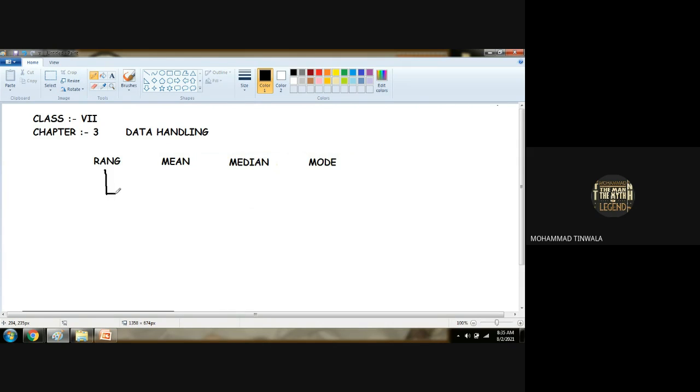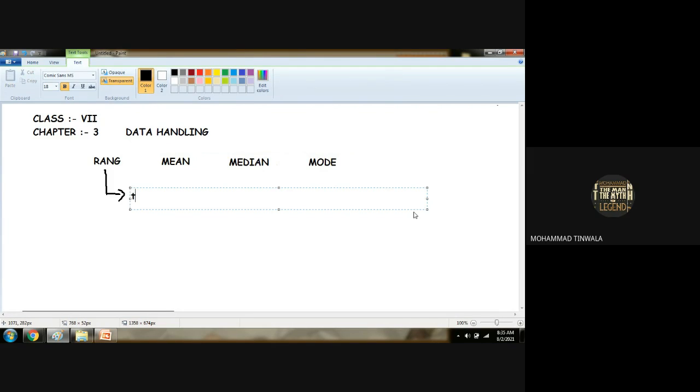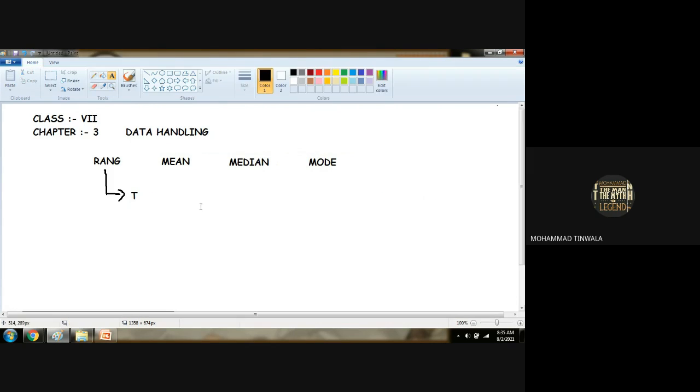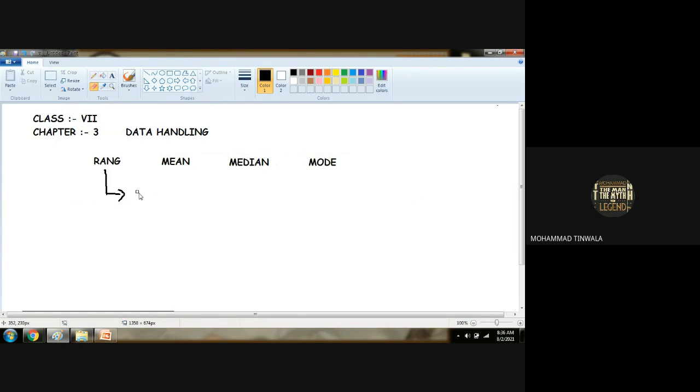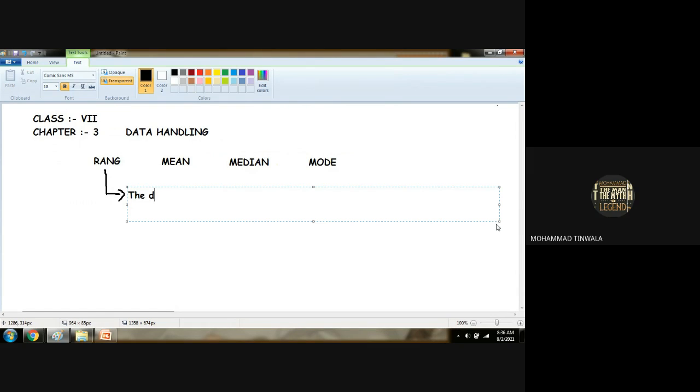Range is the difference between the highest term and the lowest term of the given data.